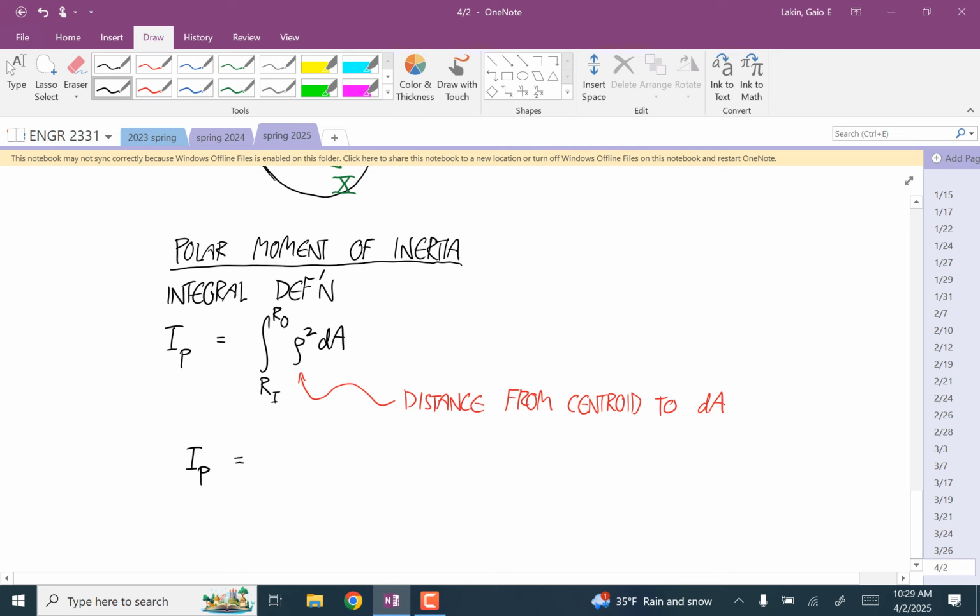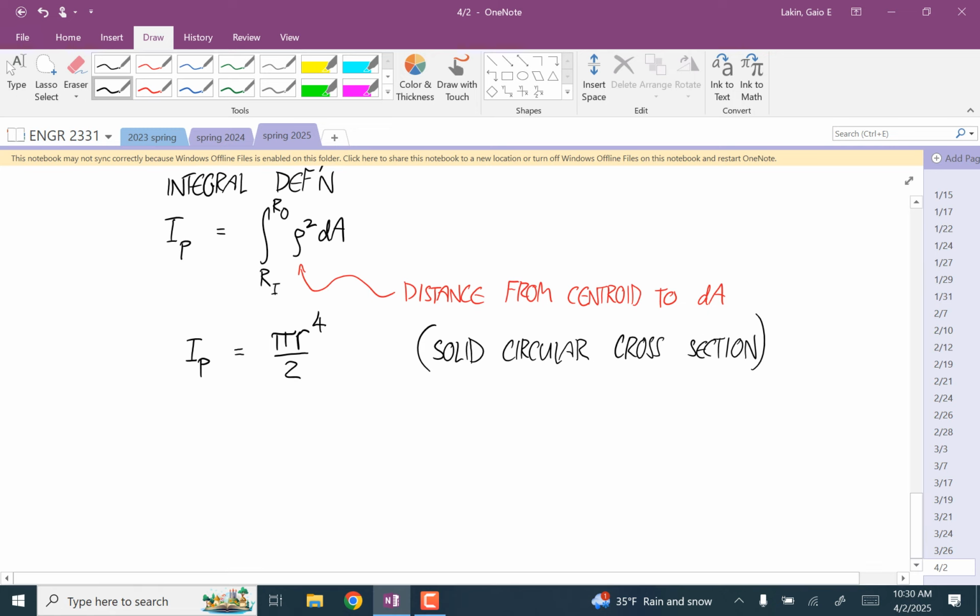If it's a solid circular cross section, the formula is pi r to the 4th over 2. And if it's a hollow circular cross section, the formula is pi over 2 times r outer to the 4th minus r inner to the 4th.